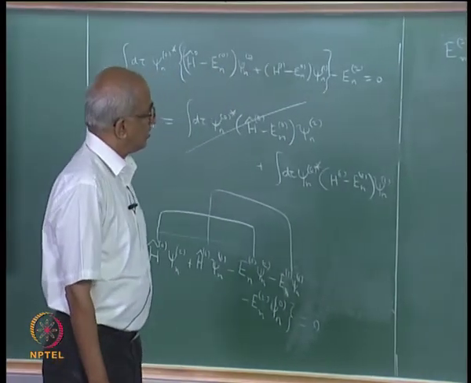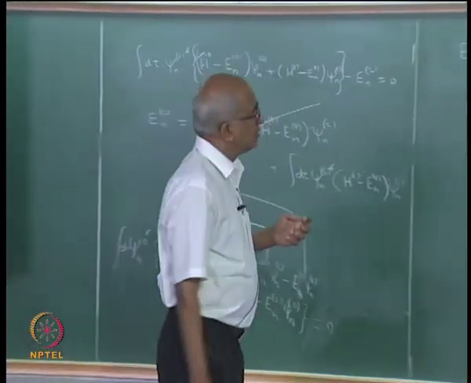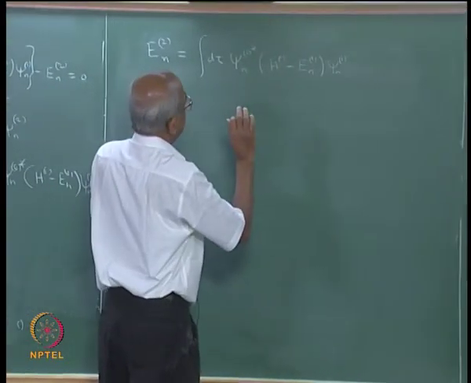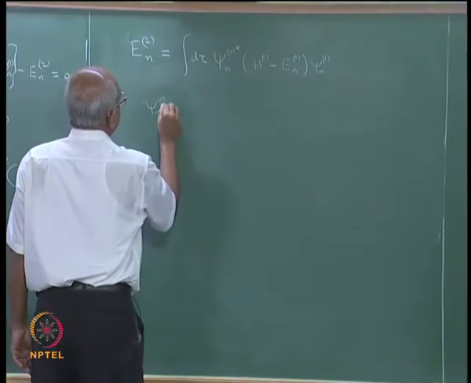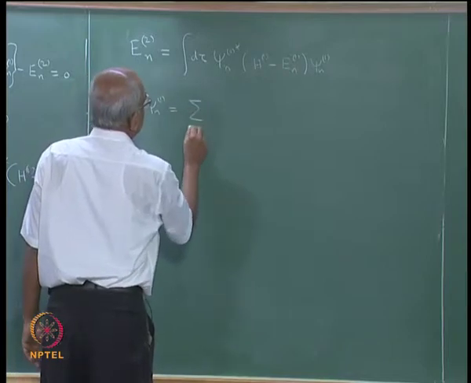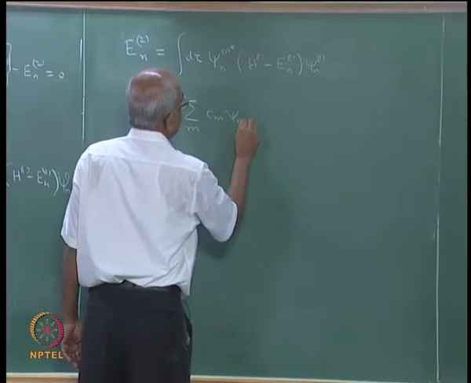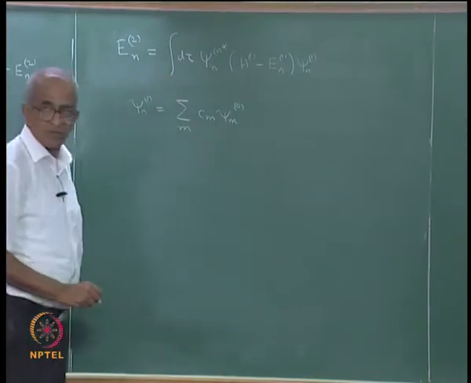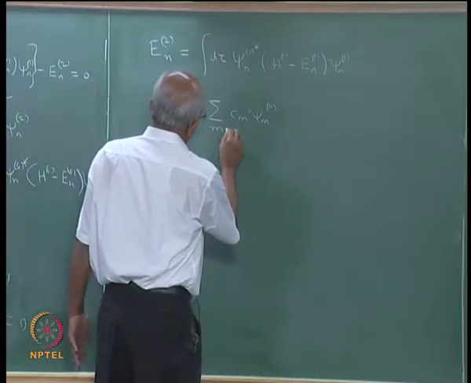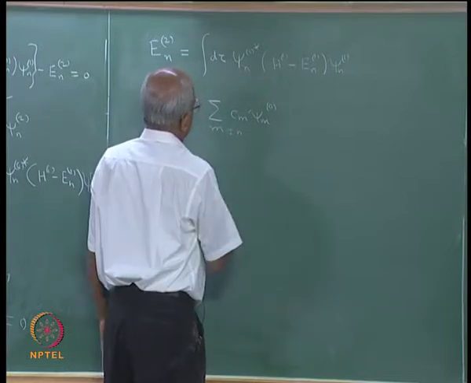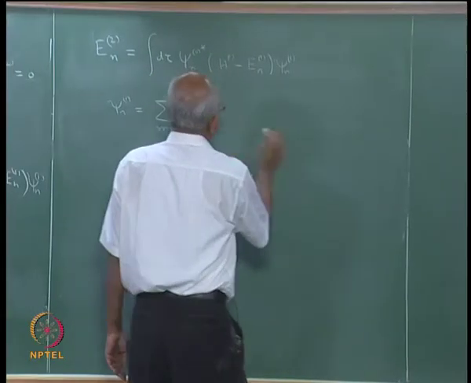So this is the expression, and now what is psi n1? Psi n1 we already know. The expression is sum over m of Cm psi m0. If you like, you can put m not equal to n, not necessary, but let it be there. And Cm is how much?